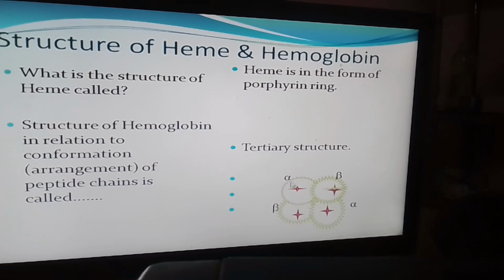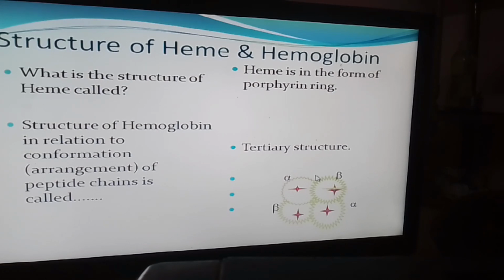If you assume a molecule of heme and one amino acid chain as a monomer, then one molecule of hemoglobin is made of 4 units of heme. Accordingly, the hemoglobin is a tetramer of 4 hemes. And the structure of hemoglobin is said to be a tertiary structure.